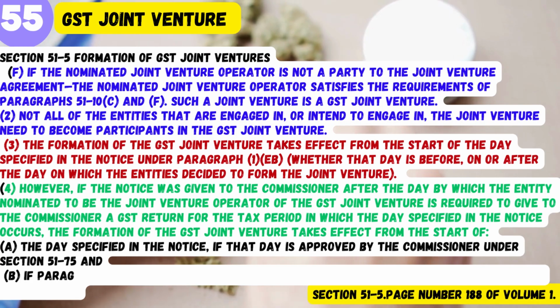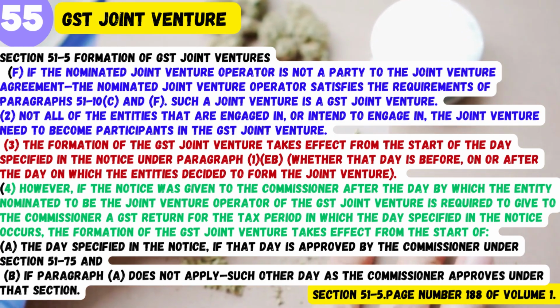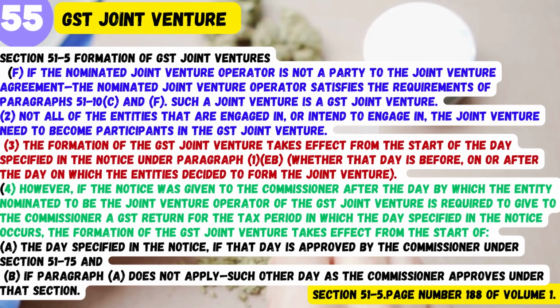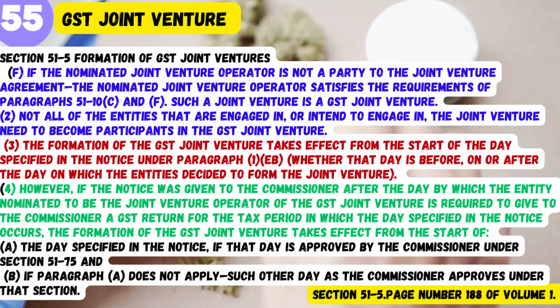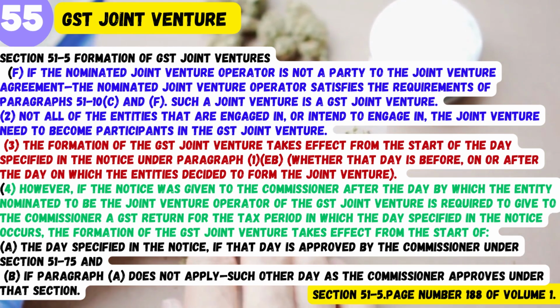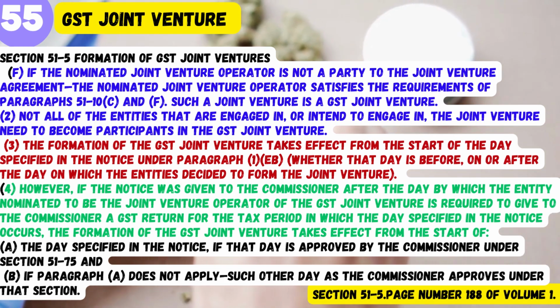3. The formation of the GST joint venture takes effect from the start of the day specified in the notice under paragraph 1, EB, whether that day is before, on or after the day on which the entities decided to form the joint venture. 4.